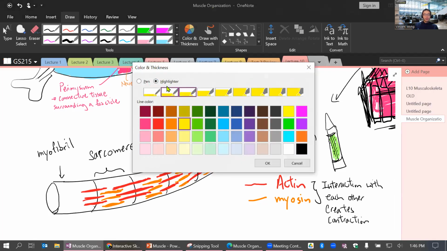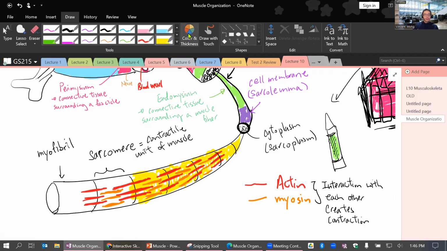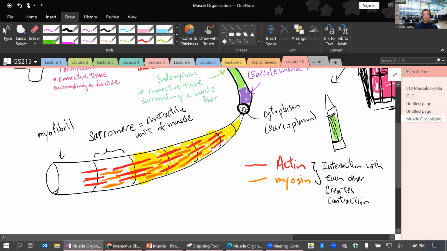Now, just one last thing before we leave this diagram alone. By now you should know the theme: each of these things is covered by a layer of something. These things are actually covered by a layer of ER, endoplasmic reticulum. But because we're talking about muscle, they go by a different name.